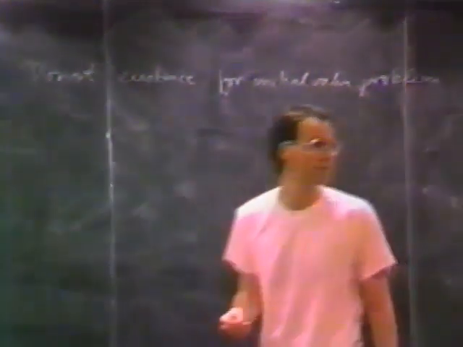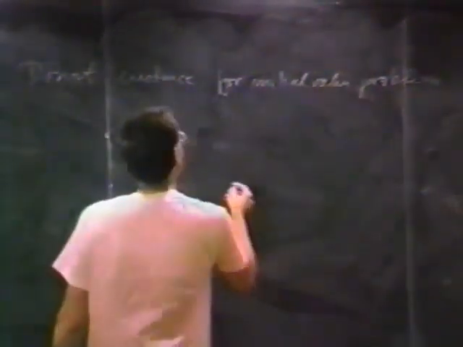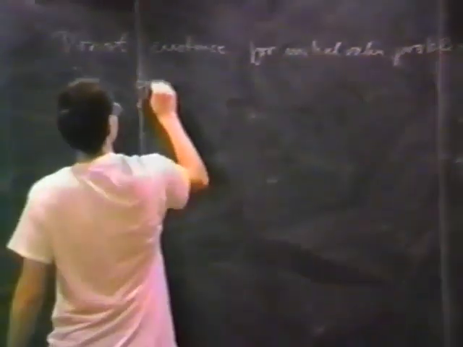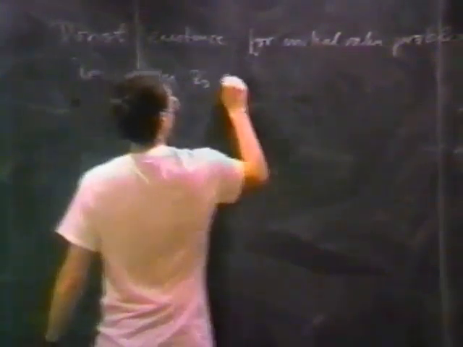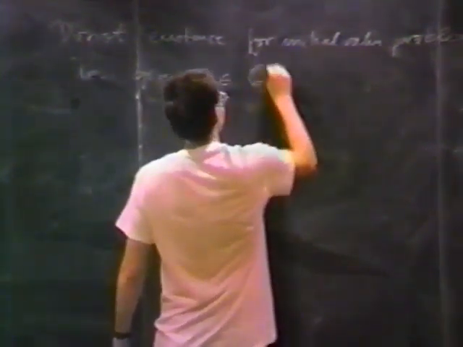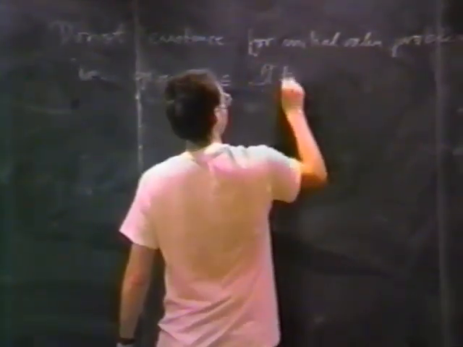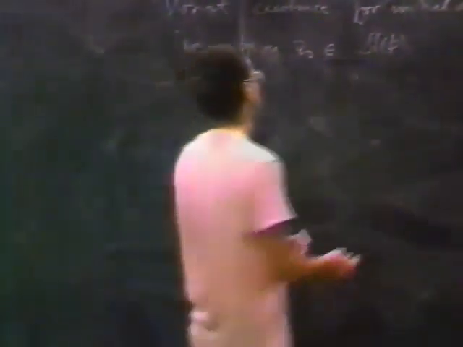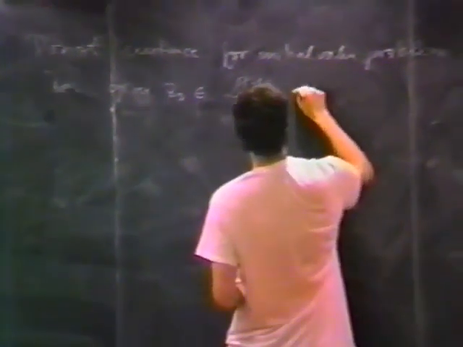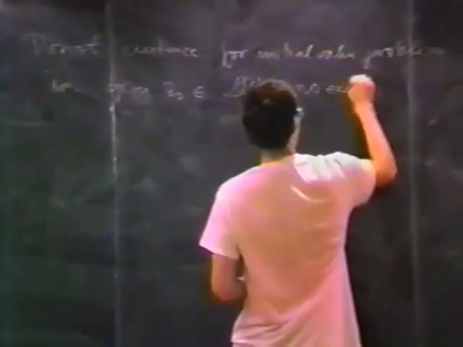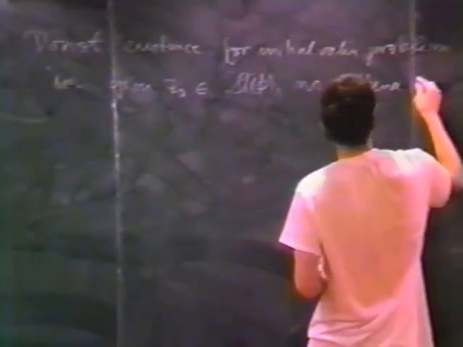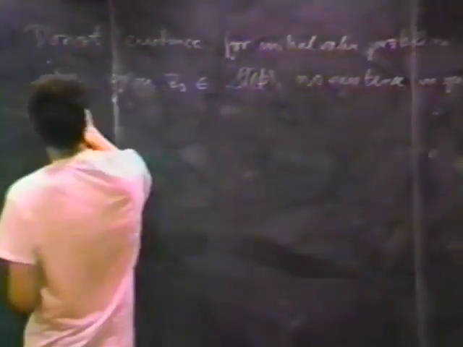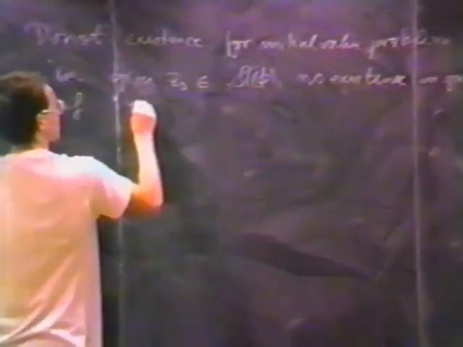Given an initial value in C infinity or in omega phi, there does not necessarily exist a trajectory. There is no existence in general of such a trajectory.